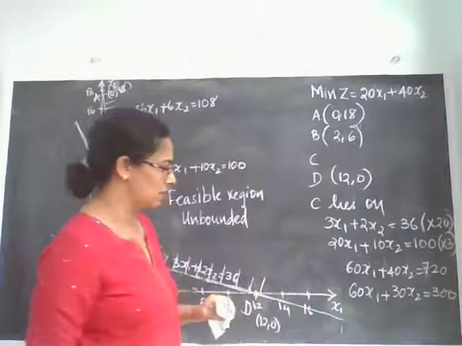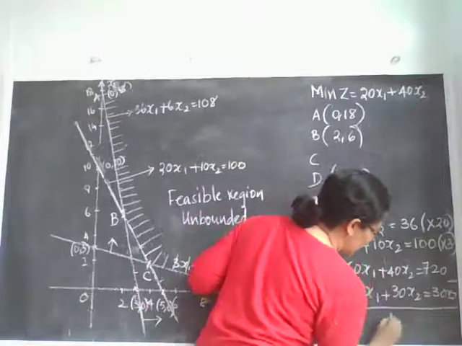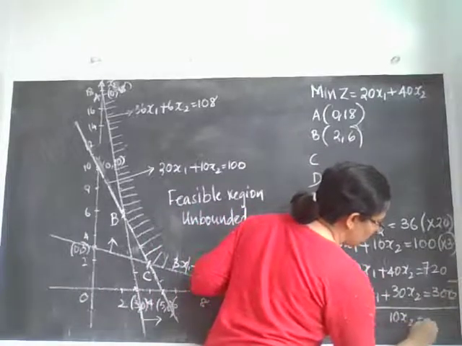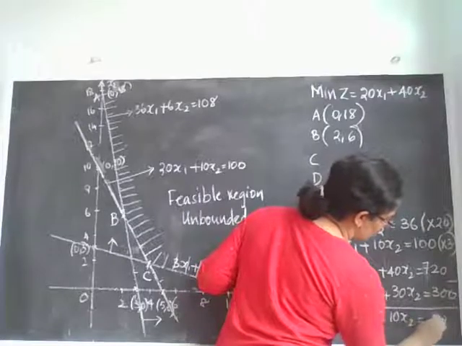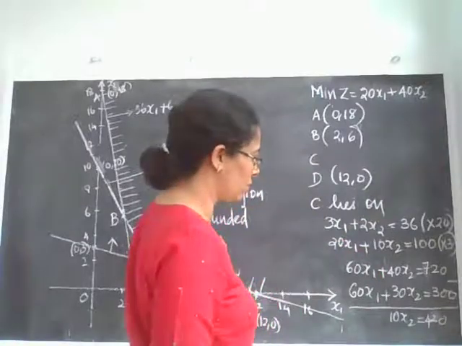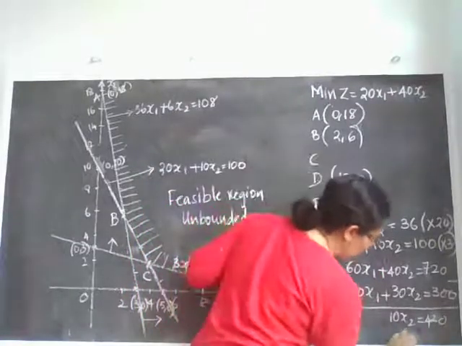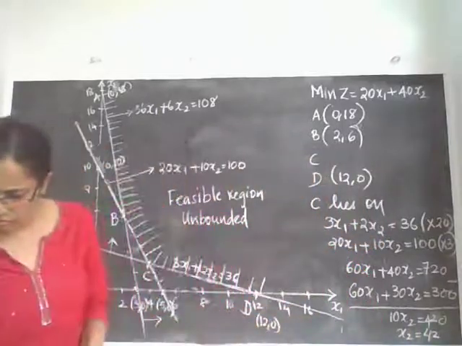This is what you get. Subtract here and subtract here. You get 10x2 equal to 420. So x2 equal to 42.